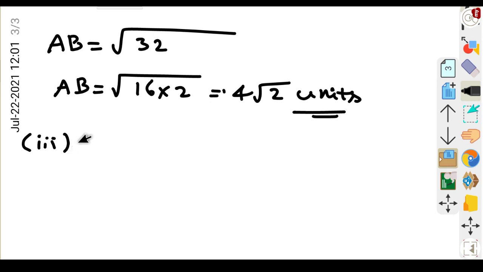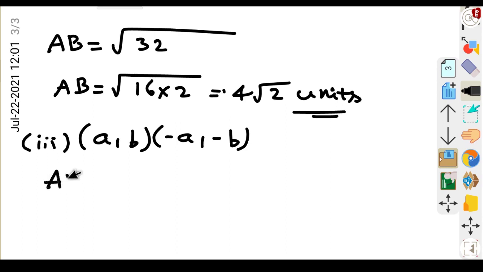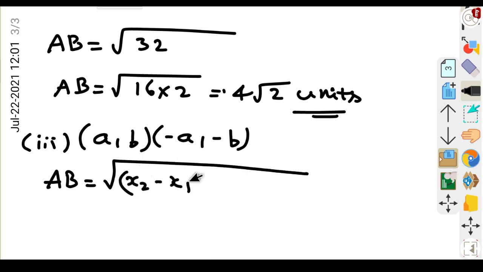The third one has the coordinate points a comma b and minus a comma minus b. You need to find the distance between these two coordinate points. The formula as usual, you know, is (x2 minus x1) whole square plus (y2 minus y1) whole square.